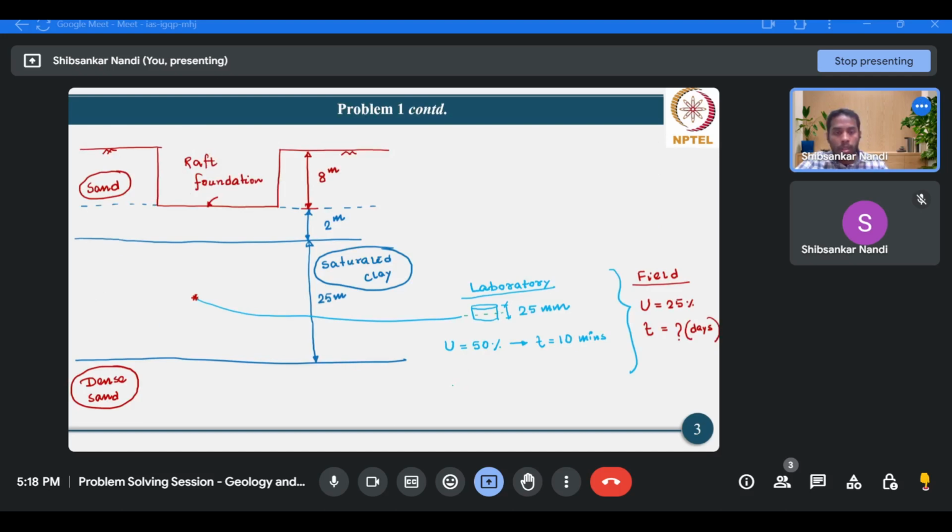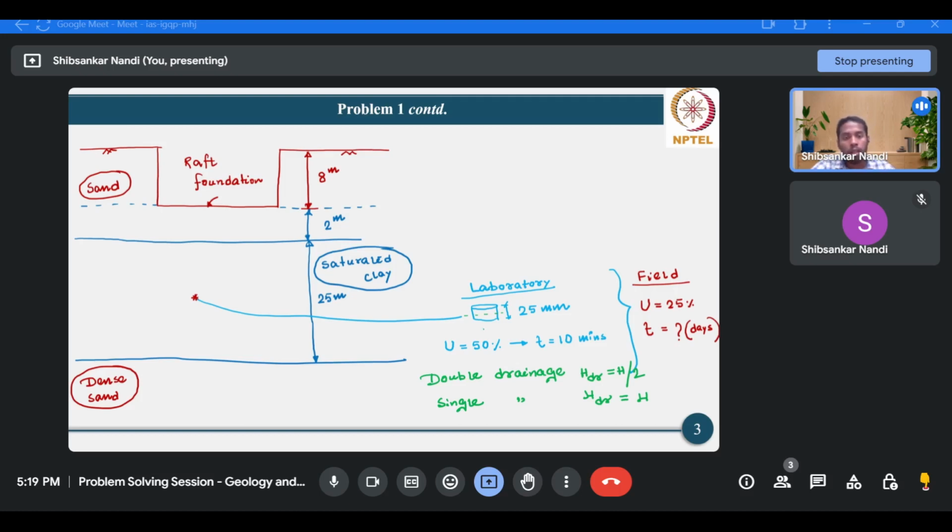So for double drainage, your HDR equals H upon 2, where H is the thickness of the sample, and for single drainage, it is simply H, when the drainage is basically happening only on a single side of the sample.